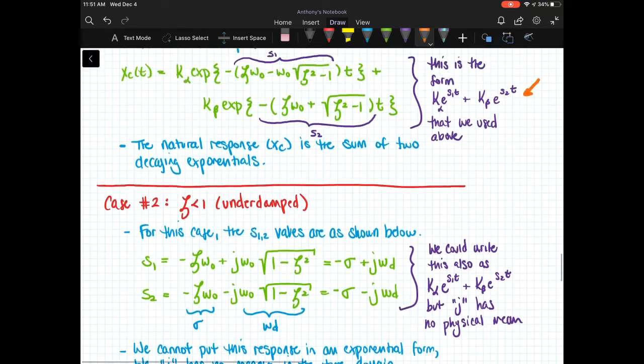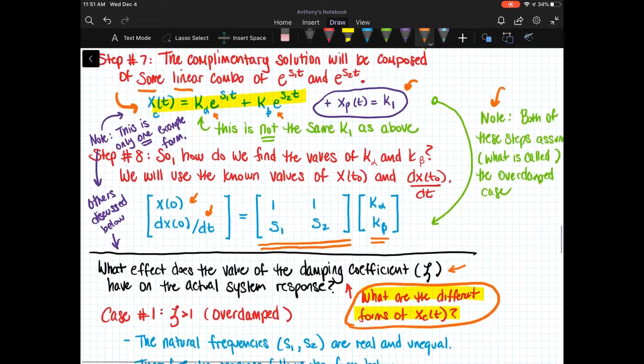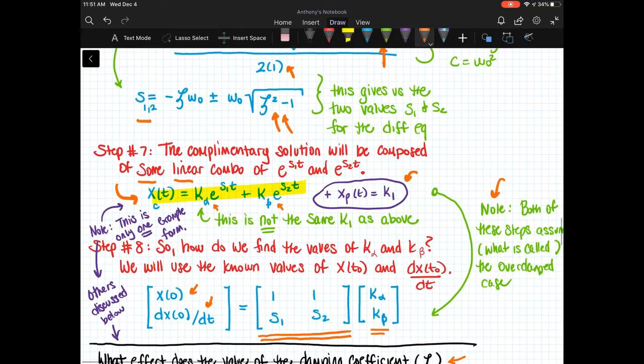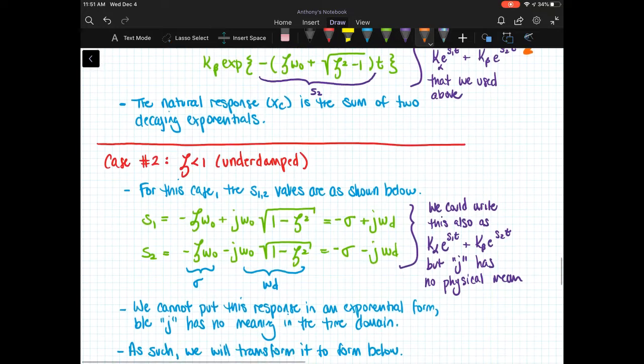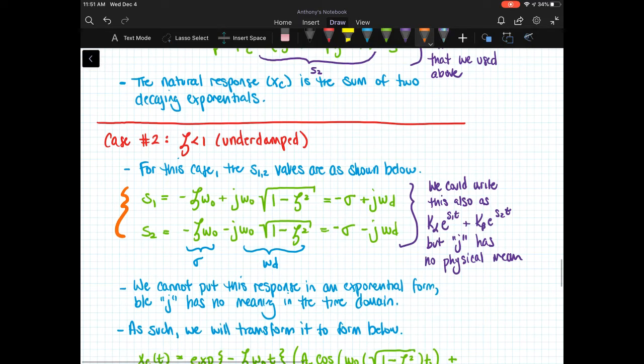Next case. What happens if zeta is less than 1? The underdamped case. When zeta is less than 1, the value here underneath the square root will be negative. And so what that means is that the values of S1 and S2 will be complex, as shown here. Our S1 and S2 values have a j in them. There's the more descriptive version here.